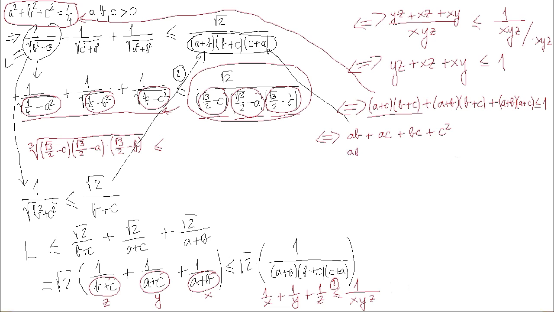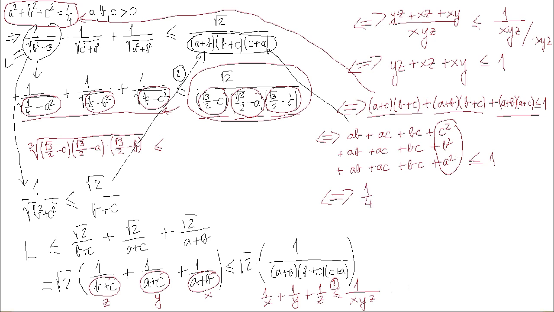Then again AB plus AC plus BC plus B squared for the second term, plus again AB plus AC plus BC plus A squared for the third term.